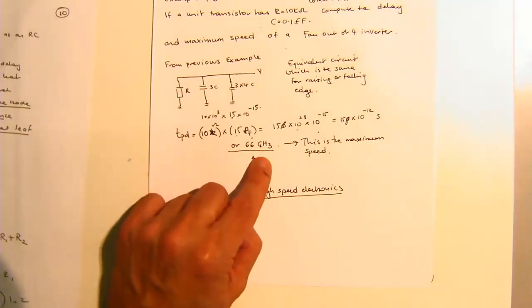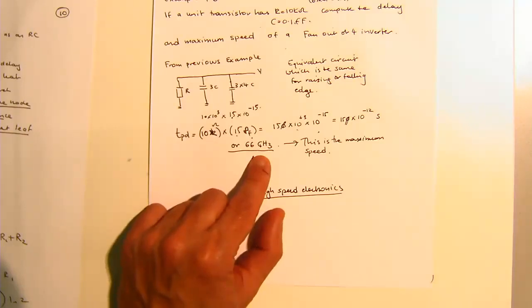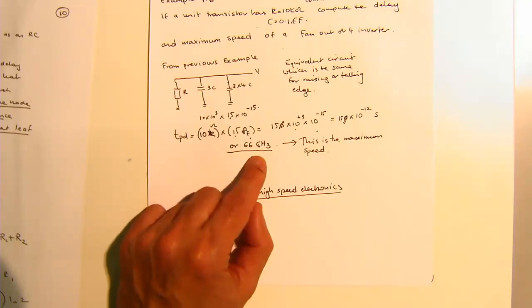So what it says to you is, if you're not as bad at arithmetic as I've just proven myself to be, that if you had an inverter on a 65 nanometer process, which was driving another 4 inverters, you could run it at 66 gigahertz. Pretty impressive, right?